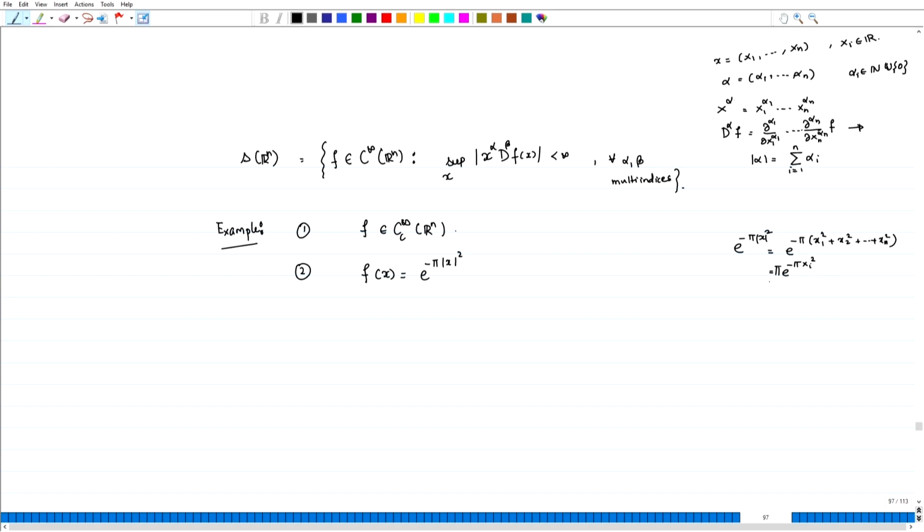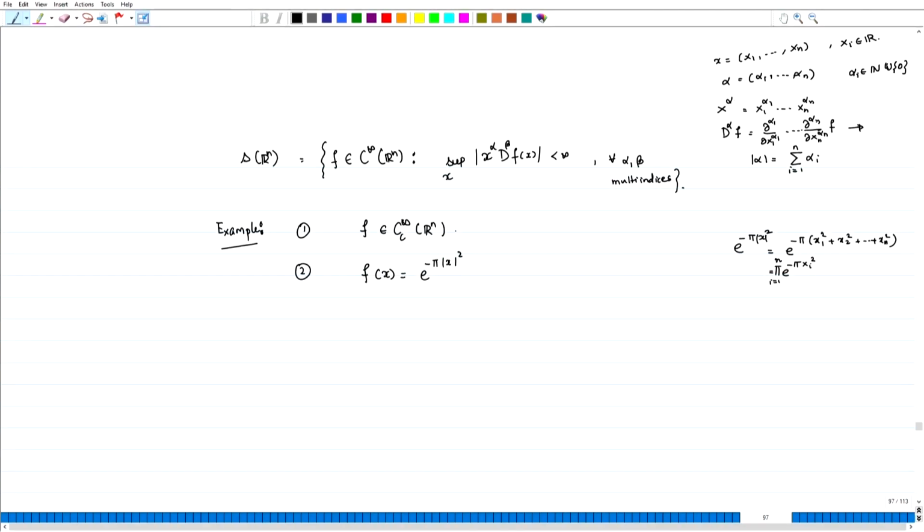So, when I am applying the partial derivative to this function, all the rest of the thing is going to come out and the partial derivative acts on one factor.